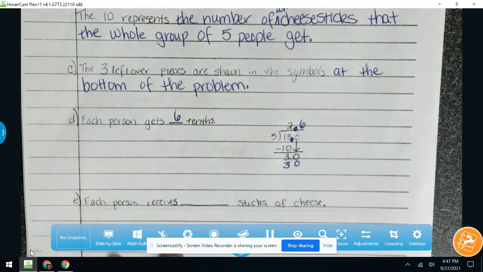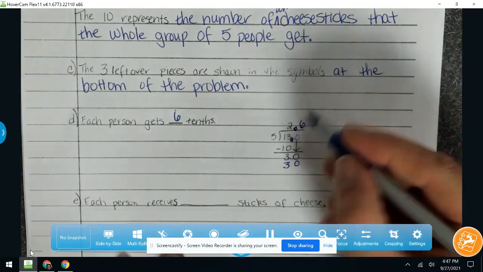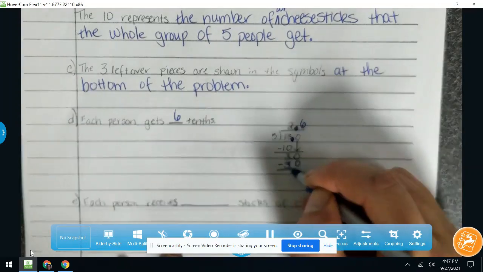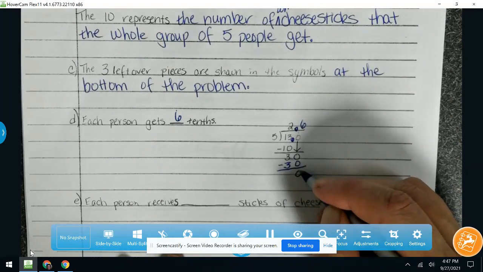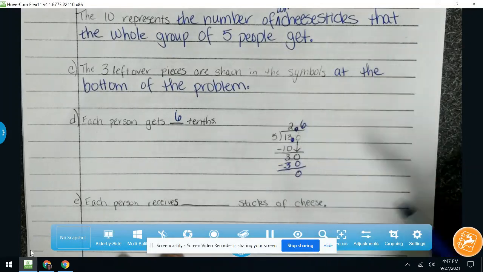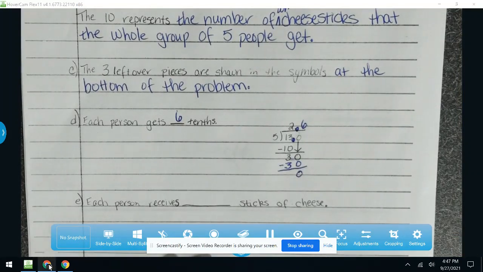Holy cow, I shouldn't do this late. I'm going to subtract the difference to see what's left over. And I get 0 left over. 6 times 5 is 30. Sorry, guys.